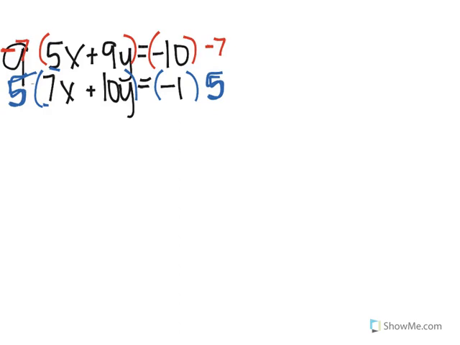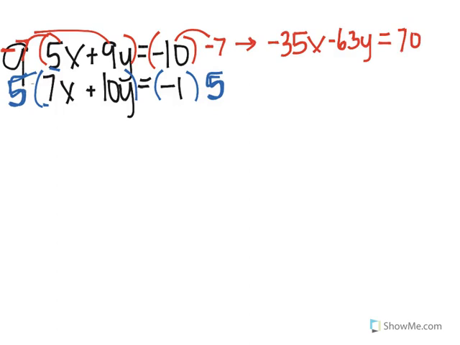So I'll go ahead and rewrite both of those equations, doing it in those colors so you can see what I'm doing. I end up with -35x minus 63y equals 70. Remember, negative times a negative gives me a positive.